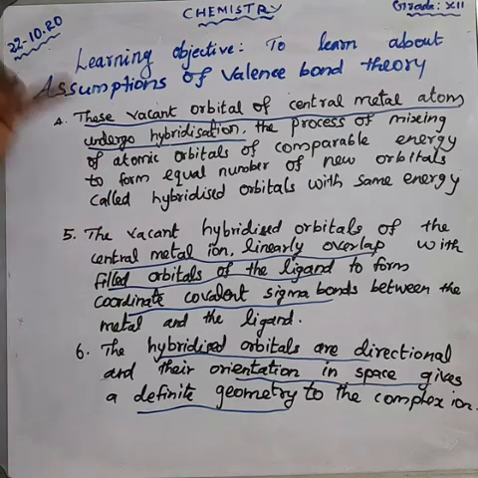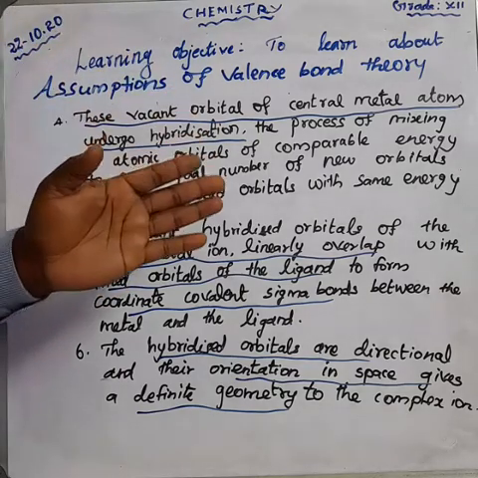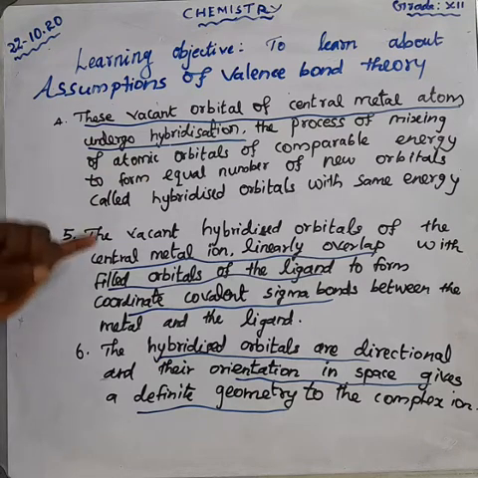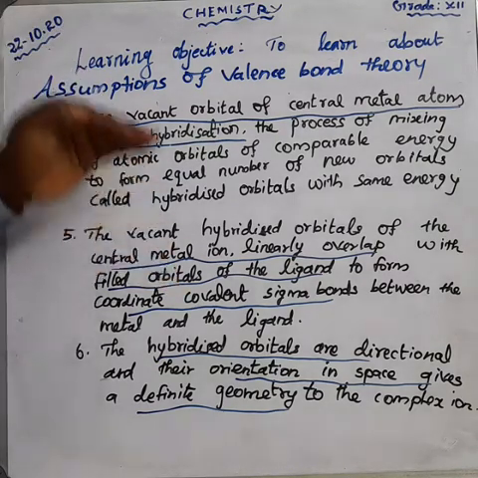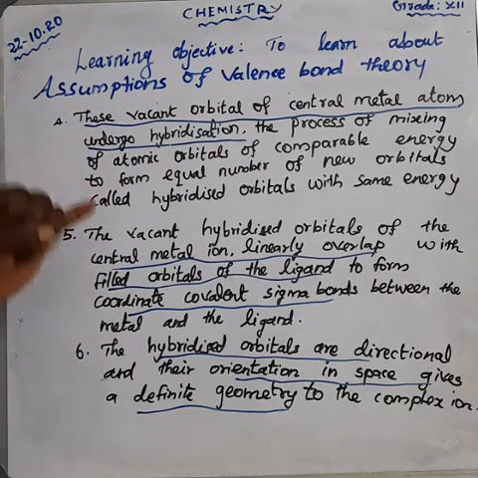In order to accommodate the electron pair donated by the ligand, the central metal ion present in the complex must provide the required number of vacant orbitals.